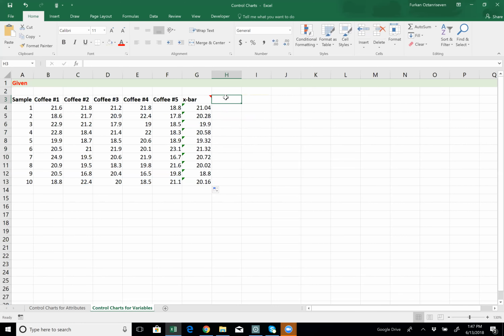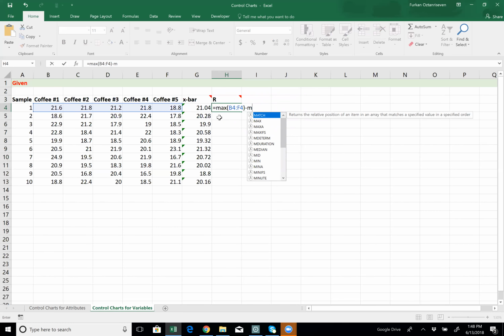And step number 2, I will calculate the sample range, which I will denote as capital R. To find the range for this sample, I need to find the maximum of this row minus the minimum of this row.